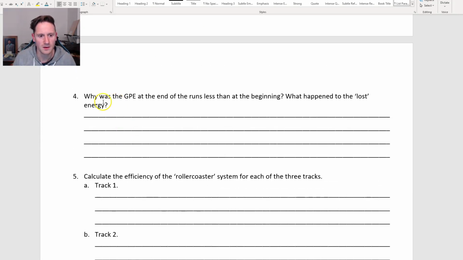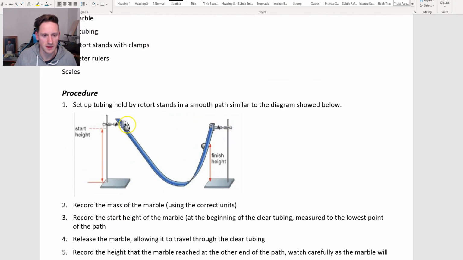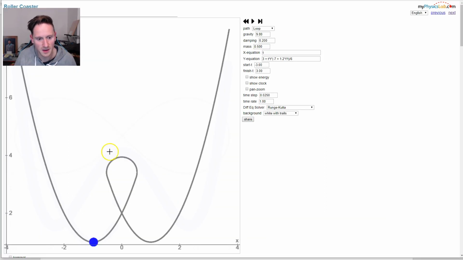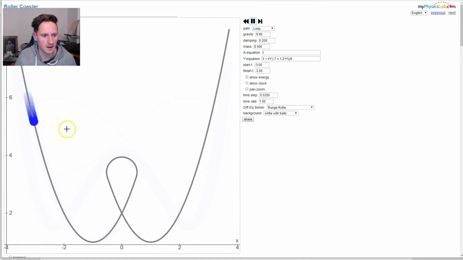Why was the GPE at the end of the runs less than the beginning? What happened to the lost energy? Guys, we talked about that already. Where did it go? Well, as you go down and then up, it doesn't go as high as it did originally. If I go back to the simulation, assuming I've got my damping on, it kind of goes lower and lower and lower.